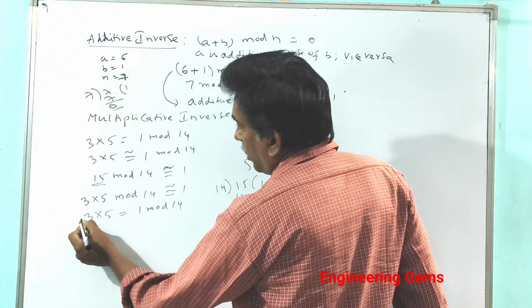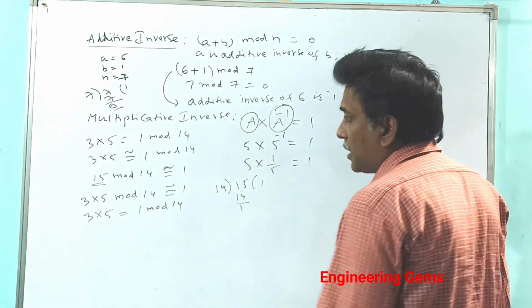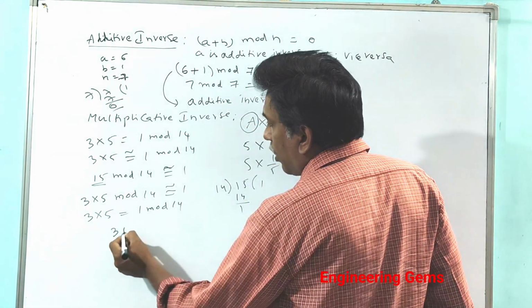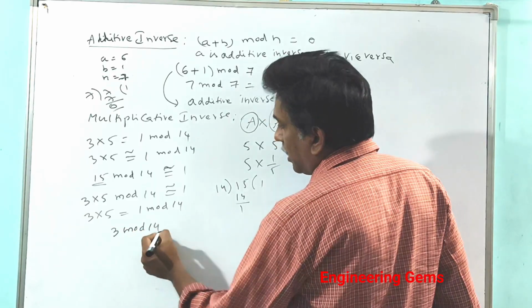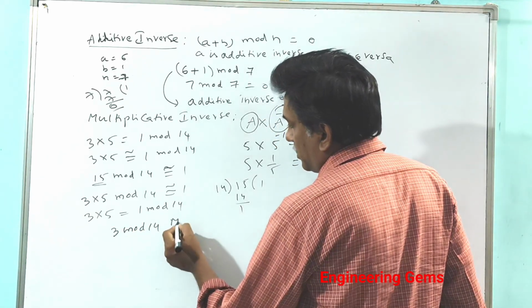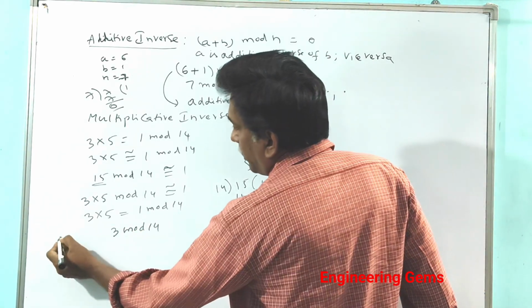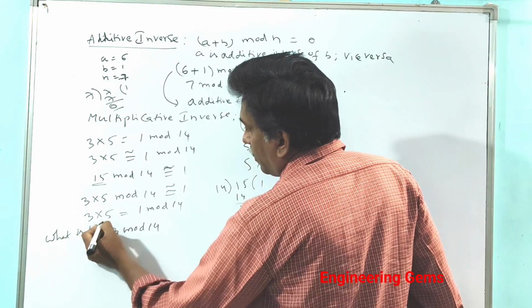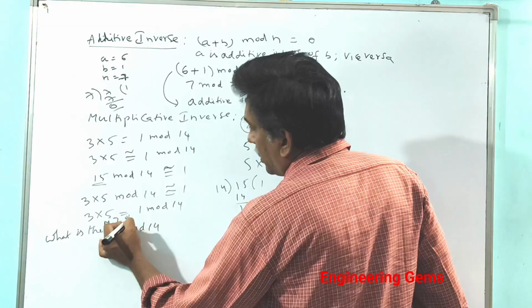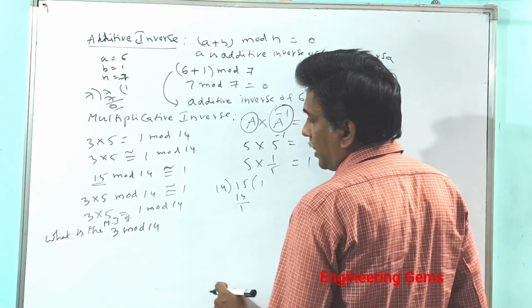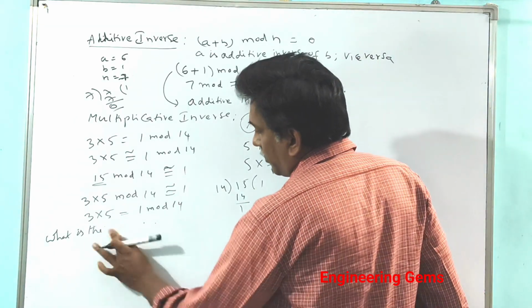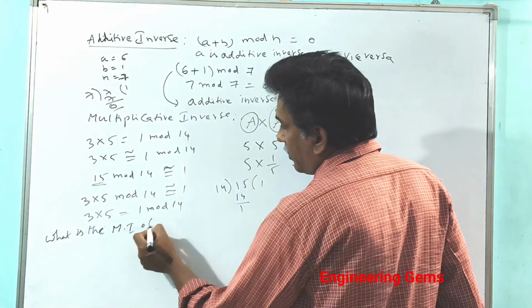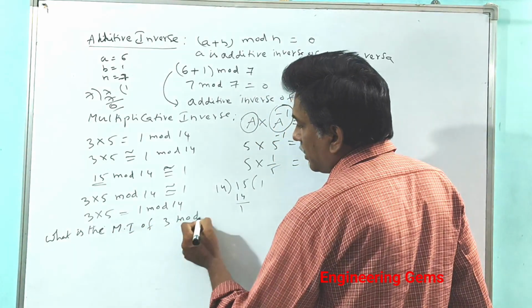Now the question may ask: what is the multiplicative inverse of 3 mod 14?